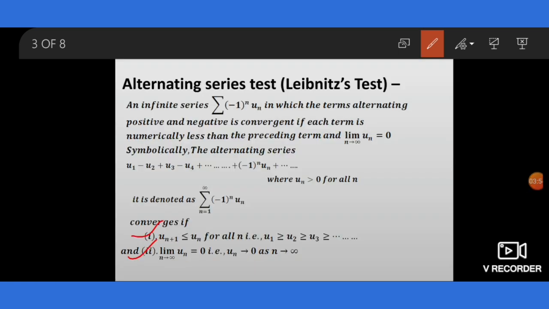If these two given properties are satisfied, then we can say that the given infinite series with alternating positive and negative terms is convergent.